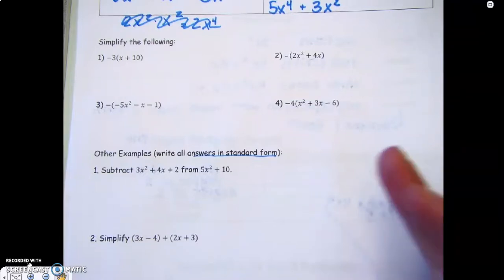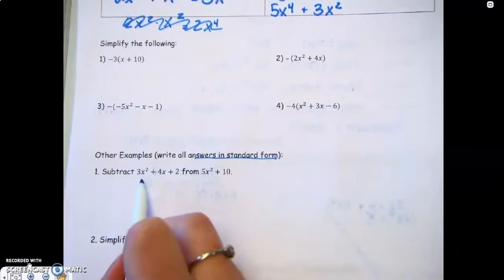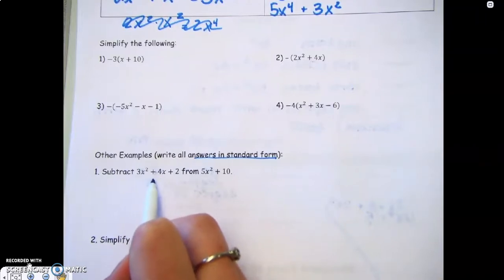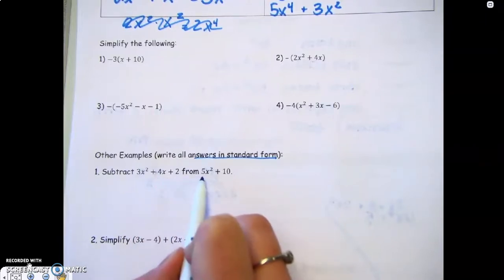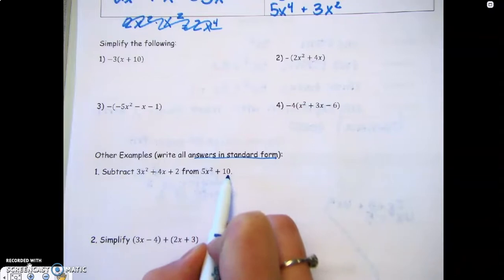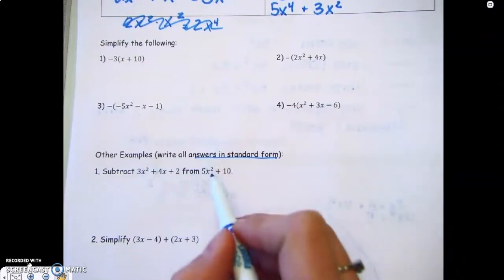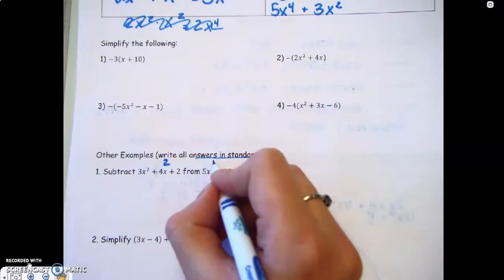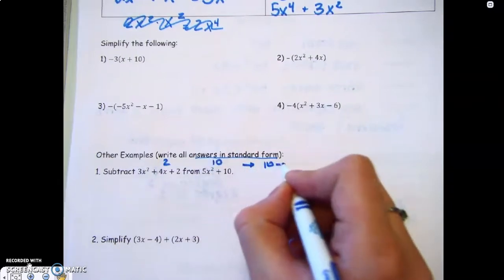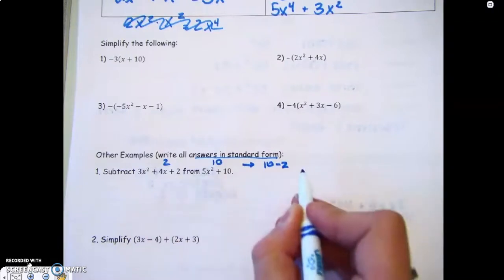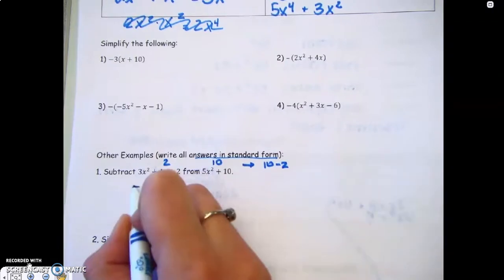So if I want to subtract 3x squared plus 4x plus 2 from 5x squared plus 10, I'm going to write this first. For these, I always think about a simpler example. If I say subtract 2 from 10, I'm really doing 10 minus 2. So same thing with these. If I want to subtract this from this, I'm really writing this first.